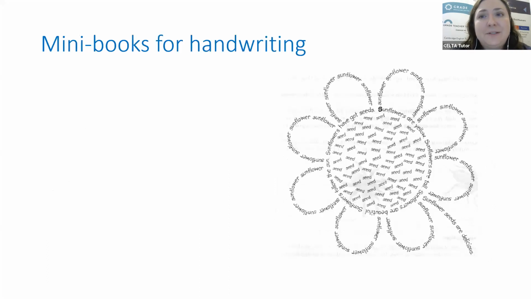Okay, one more thing I wanted to show you. These are mini books for handwriting, and they can also evolve with your students. What you can see, this is a sunflower, but has it been drawn? No, because it is made of words.